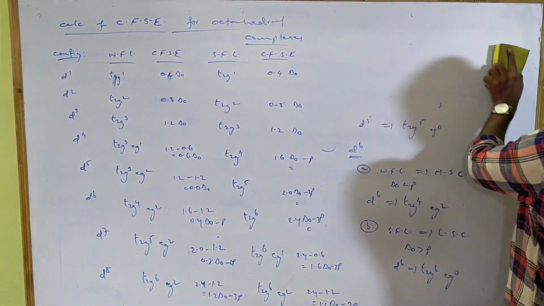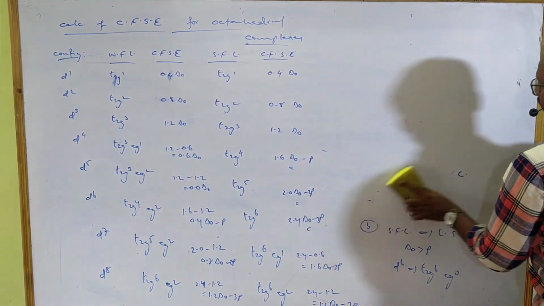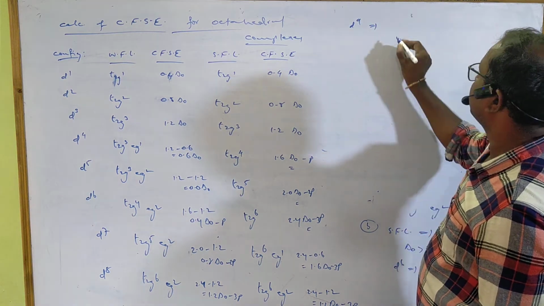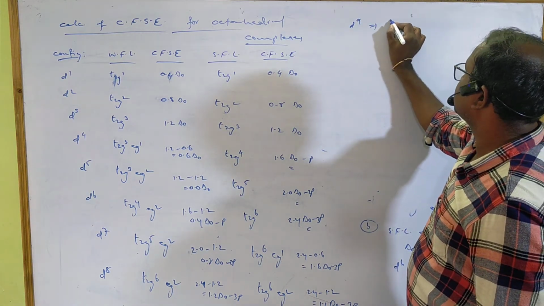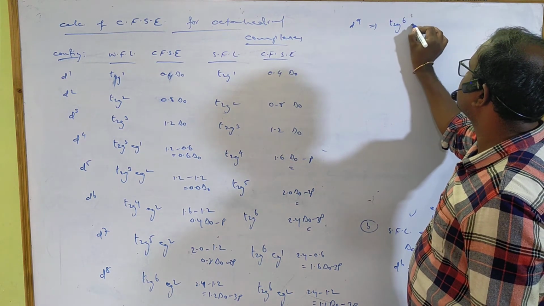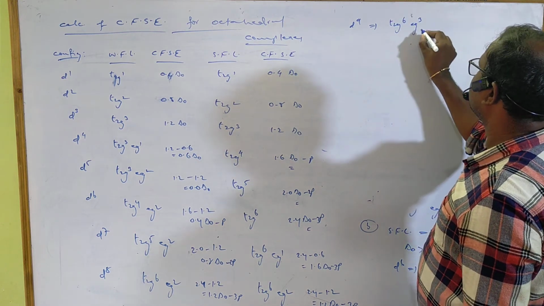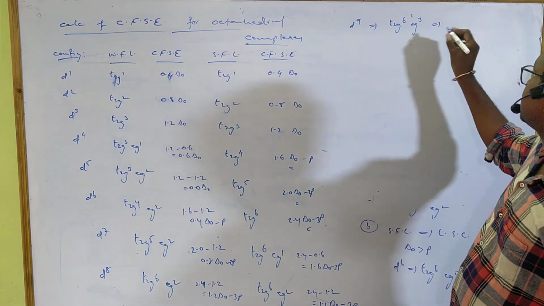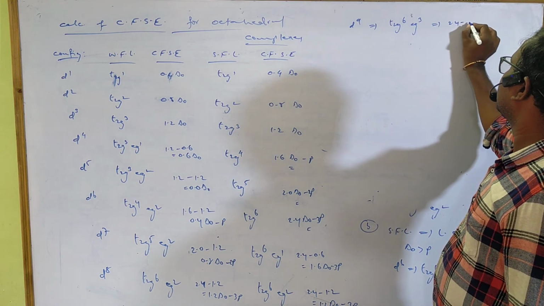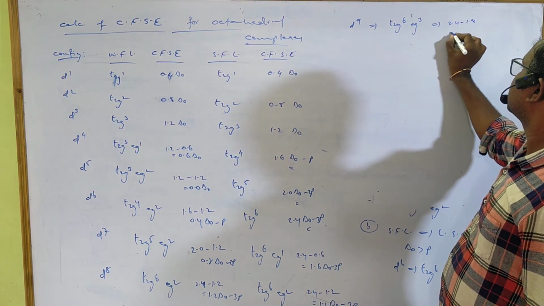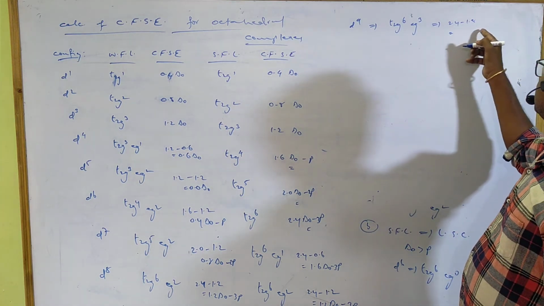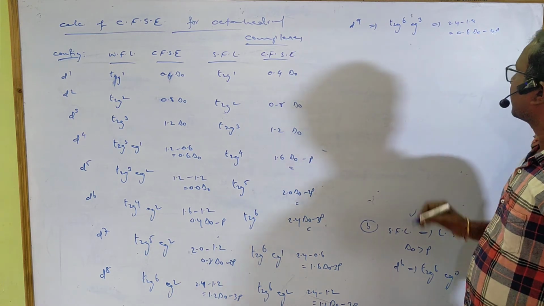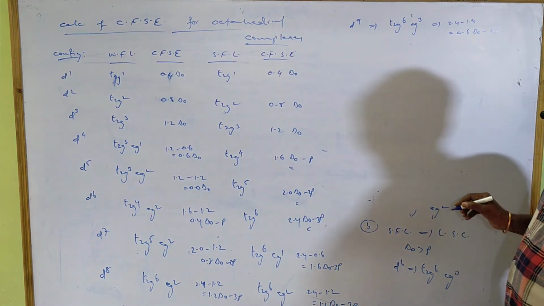For d9, the CFSE for weak field ligands: the configuration becomes t2g6 eg3. And in this case, what will be the energy? t2g6 means 2.4 minus 1.8 equals 0.6 delta O minus 4P, because 4 pairs are present.